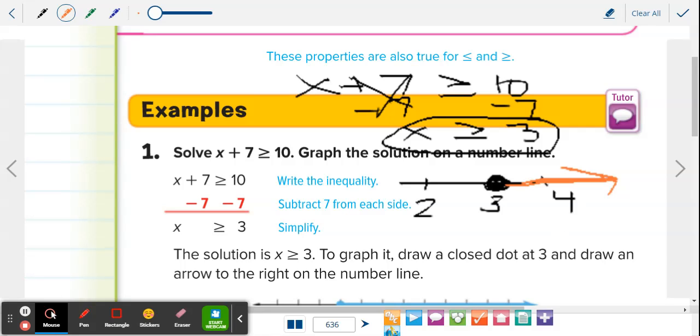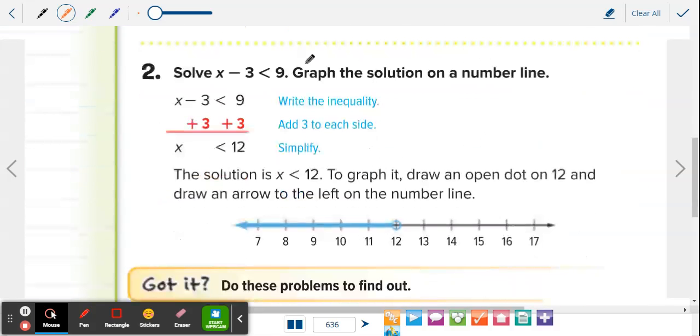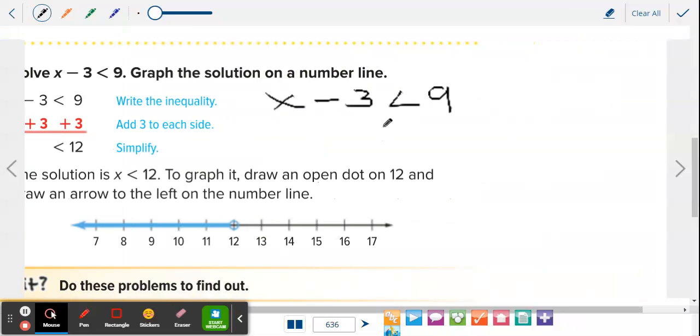So you're just solving it out, just like we did with equations, but then you got to take it one step further by graphing. All right, and the next one, x minus 3 is less than 9. So how do we get rid of this 3 so we have x by itself? Add 3 to each side. Now we add it. So that cancels. You're left with x.